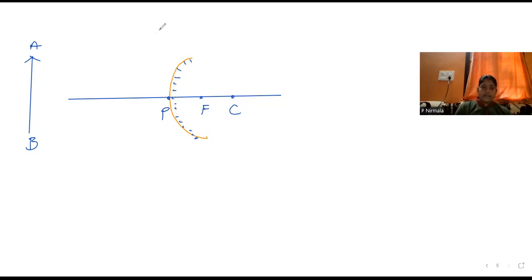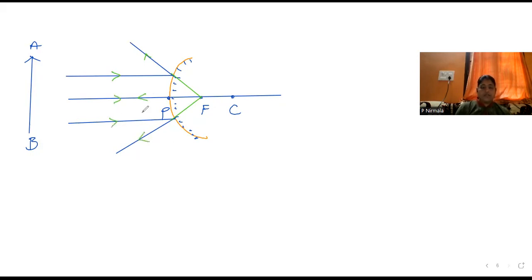Now the light is incident and here it is reflected. The same on the principal axis.